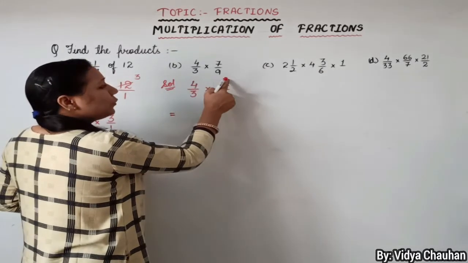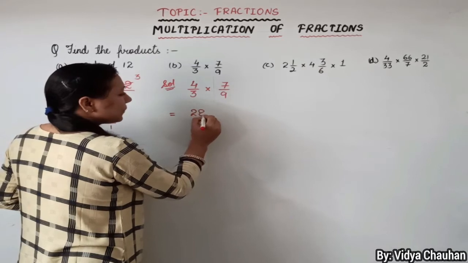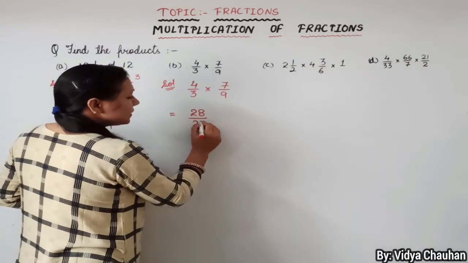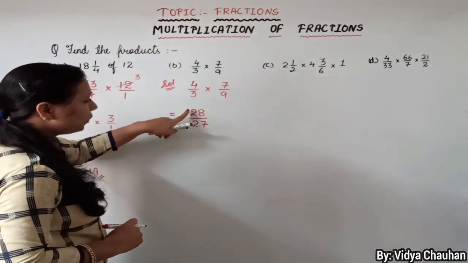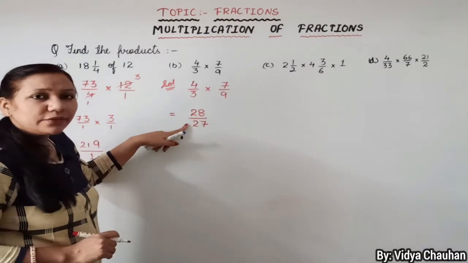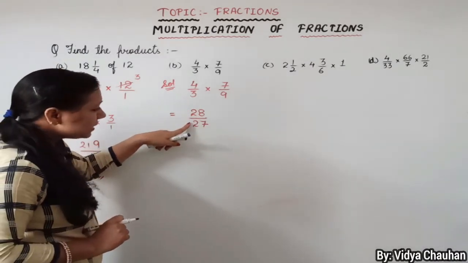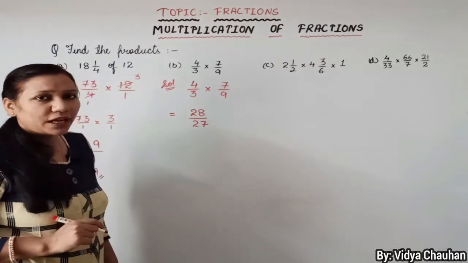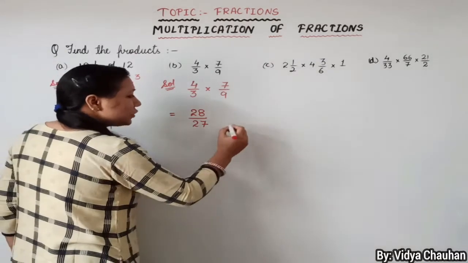Multiplying numerator with numerator, 4 sevens are 28, and 3 nines are 27. Clear? So by multiplication you got 28 upon 27, but here you can see that 28 upon 27 is an improper fraction. So what we need to do?